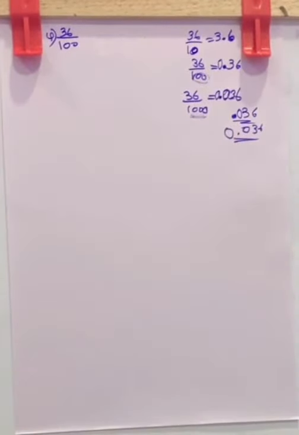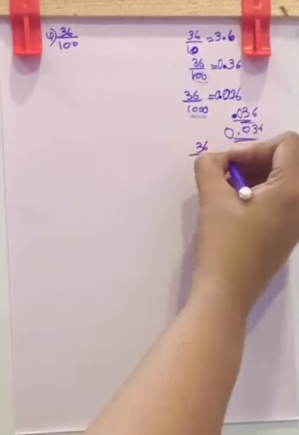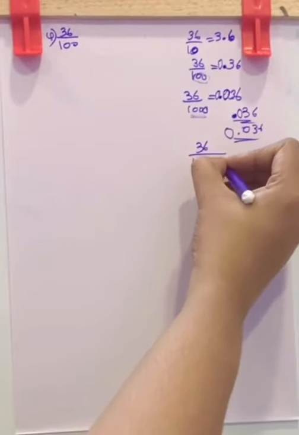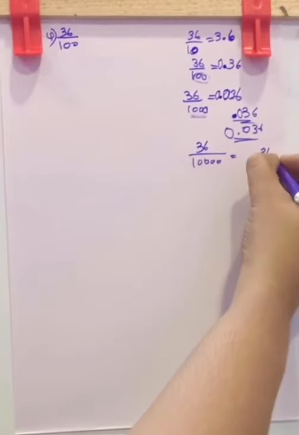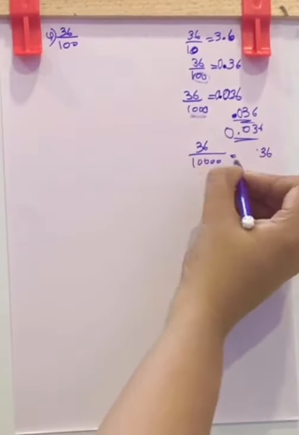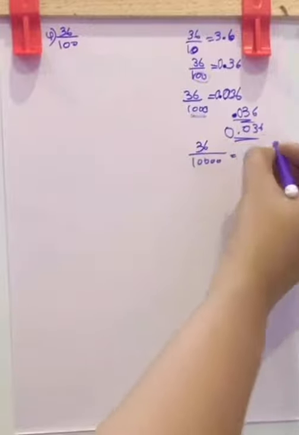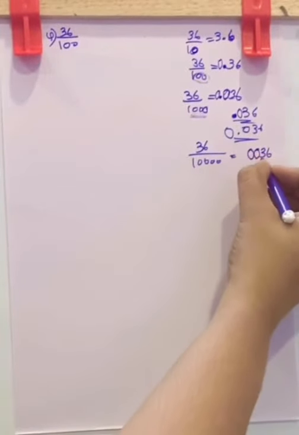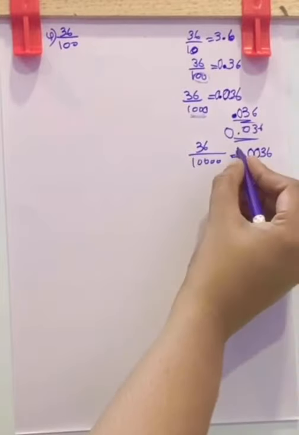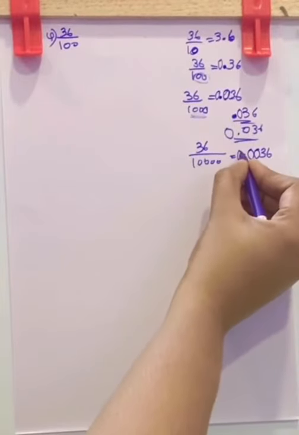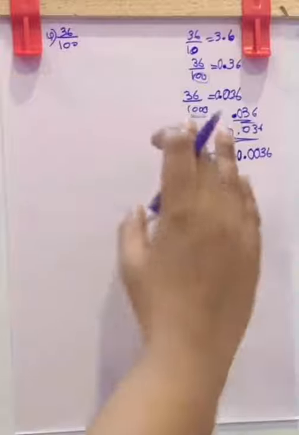Okay. Now if it was 36 by 10,000, that is 4 zeros. How will you write? 36. Now we need 4 digits after the decimal. So put a point here. Simply you can write this as the answer, as this 0 has no effect on the value of the number.